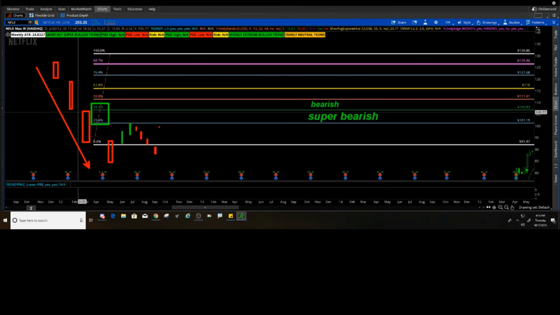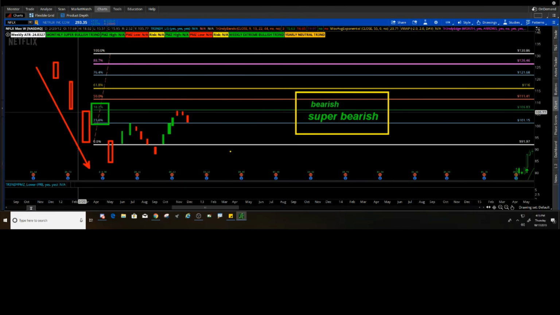Now, if the move does take place and moves above the 23.6, we look for price to stall into the 38.2. So what I mean by this is that no matter what, even if we take a trade to the upside, we never forget about the bigger picture that we're in a down range and we are still within the bearish and super bearish channel.